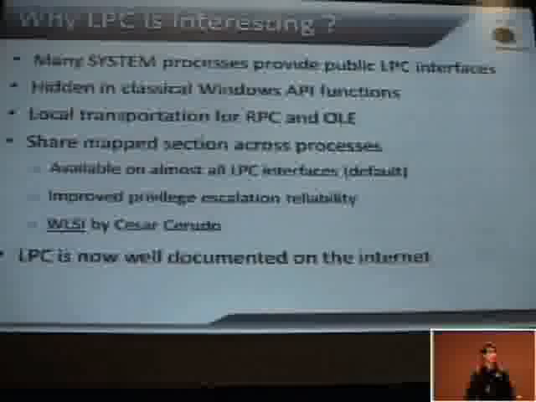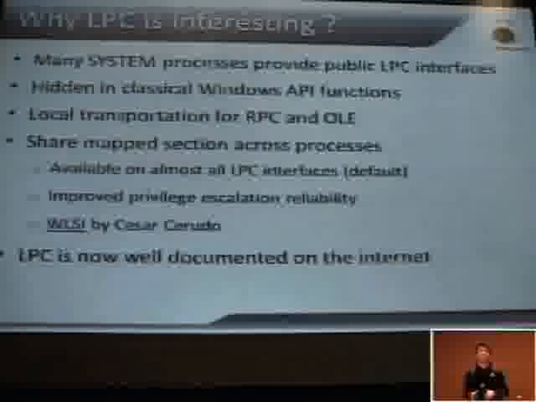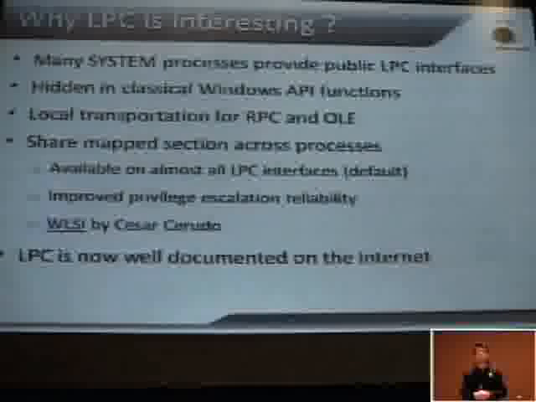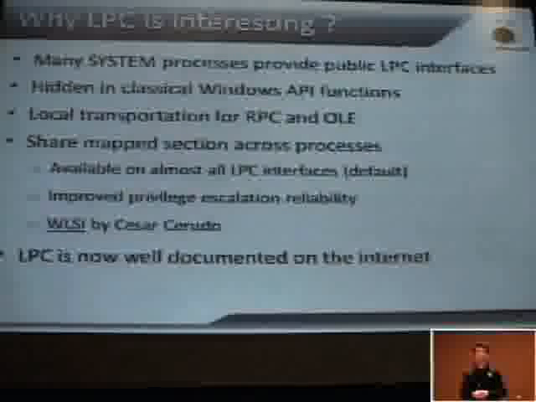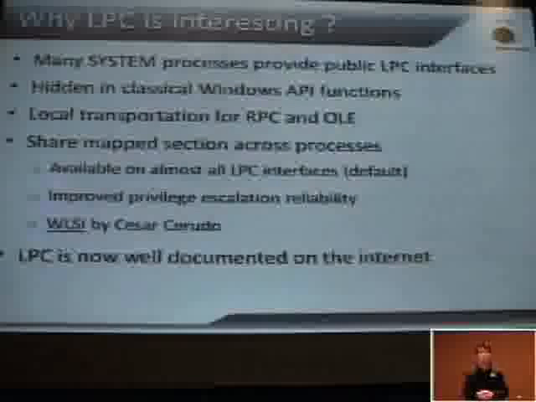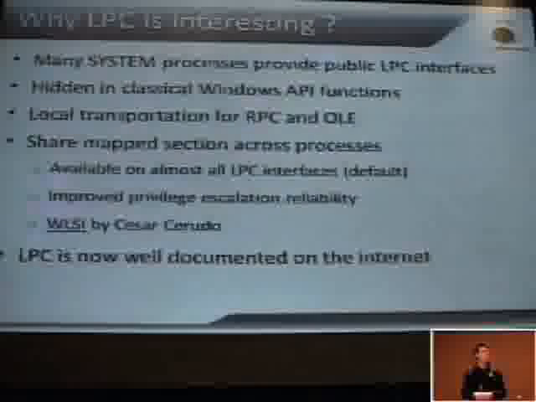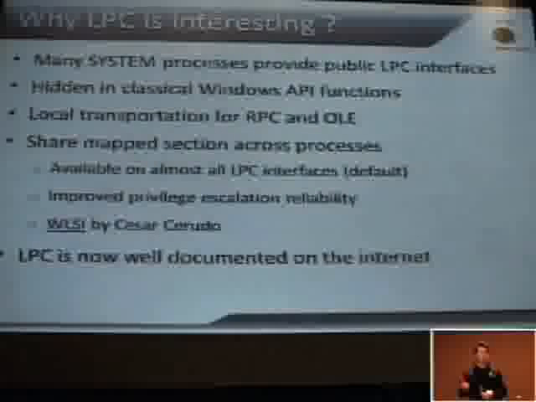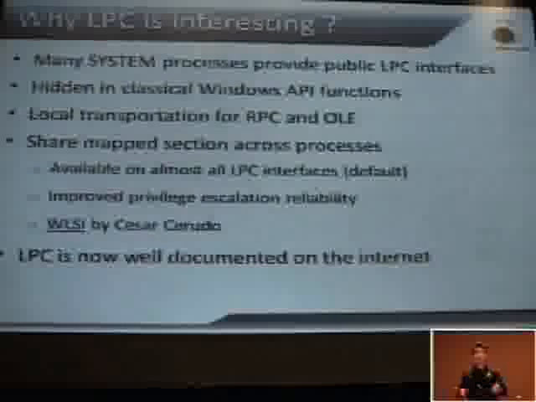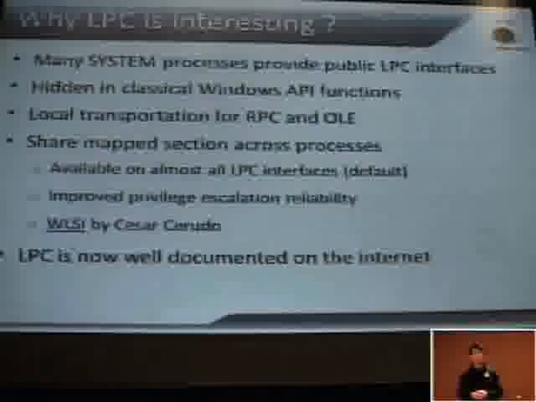So the ALPC is interesting because many system processes export an ALPC interface, a public ALPC interface. So that's a way to access privileged processes. Most Windows APIs that deal with threads or anything related to processes go through ALPC, even if we don't see it. The transportation for some components like RPC or others is done by the ALPC.